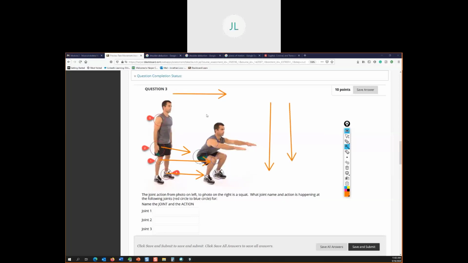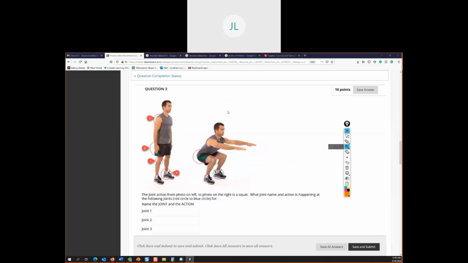You're starting in a standing position and you're going with gravity. He doesn't need to turn on these muscles because he's not going faster than gravity. He's going slower than gravity. So that means I have an opposite force that's pulling him up. It's the hip extensors, knee extensors, and ankle plantar flexors that are working eccentrically.